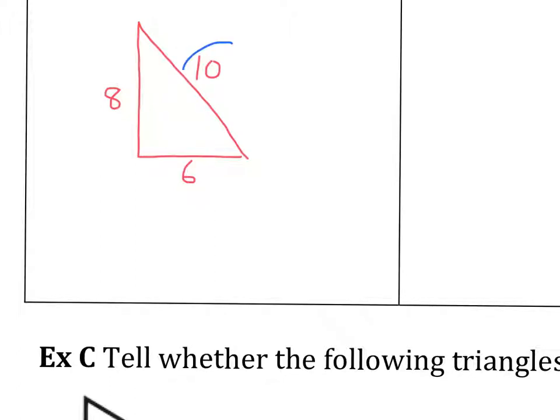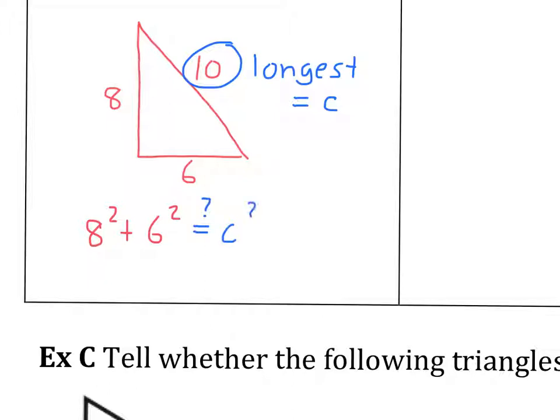Since this is my longest side, it's going to be my c. So now I can just say 8 squared plus 6 squared equals, with a question mark, c squared, because I don't know yet. And continuing through, this is 64 plus 36 equals c squared.